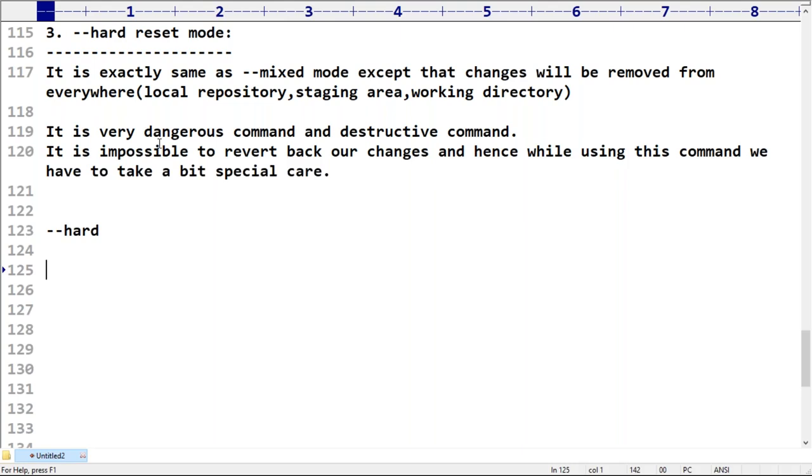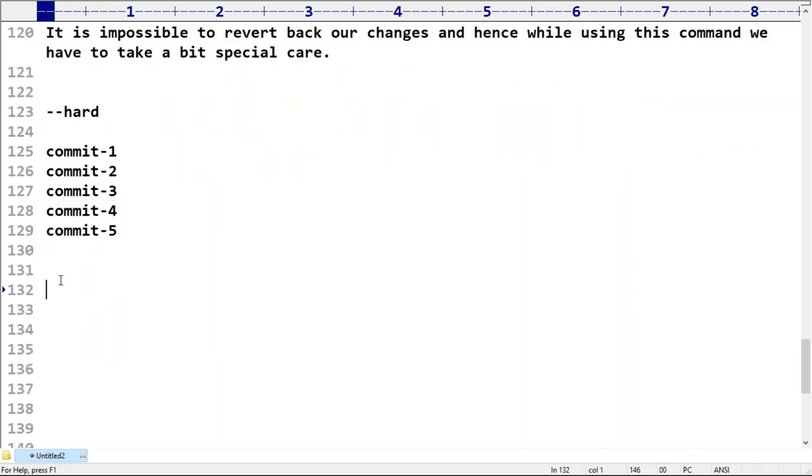The second one is, suppose commit one, commit two, commit three, commit 4, 5 are there. Now some people feel that, sir, I want to remove commit 4, so I'm taking git reset commit 4.